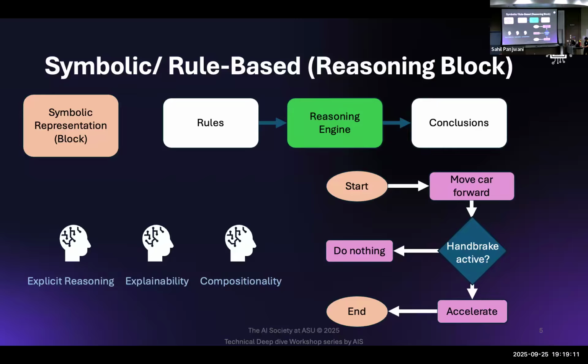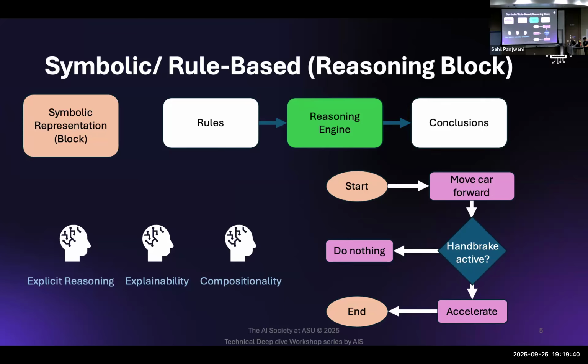So going over the strengths, the first strength is explicit reasoning. So symbolic systems can follow well-defined rules step by step. So like you saw, applying logic or constraints to reach a conclusion. Second is explainability. It's all out over here and transparent. You can exactly map at what step what actions you can take, right?